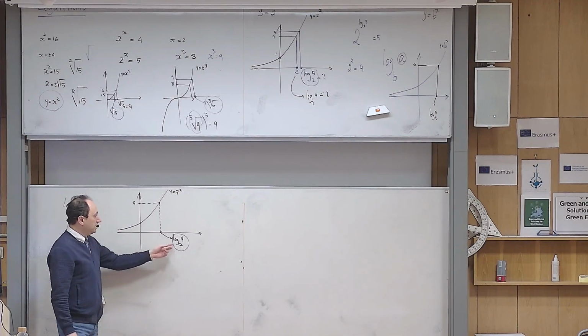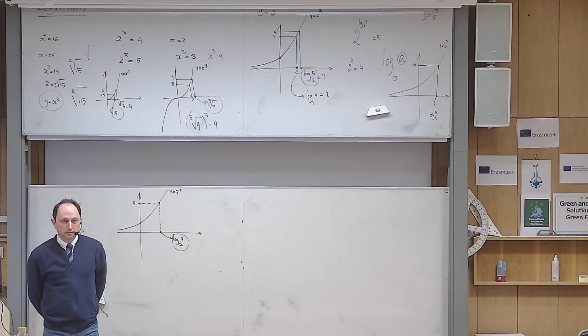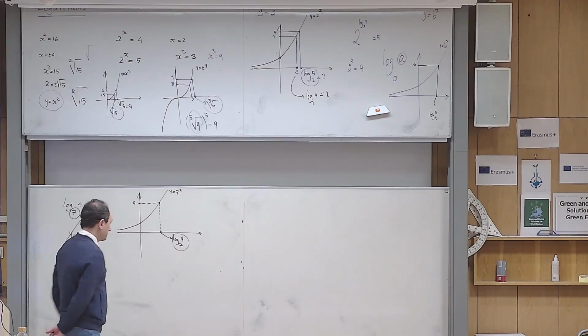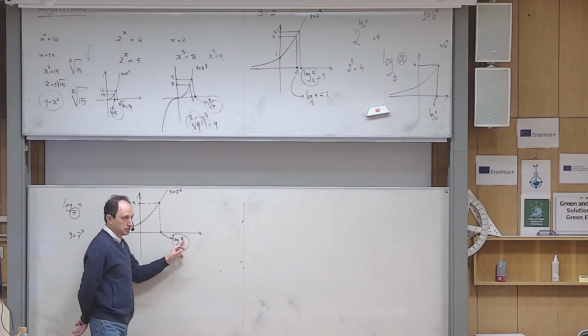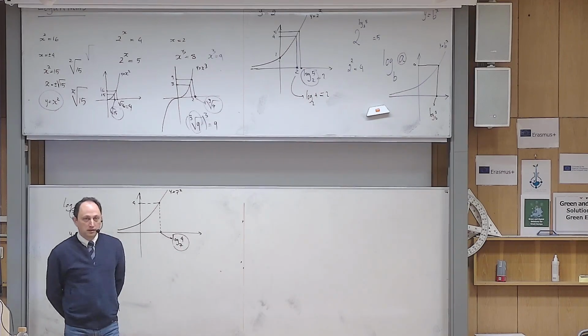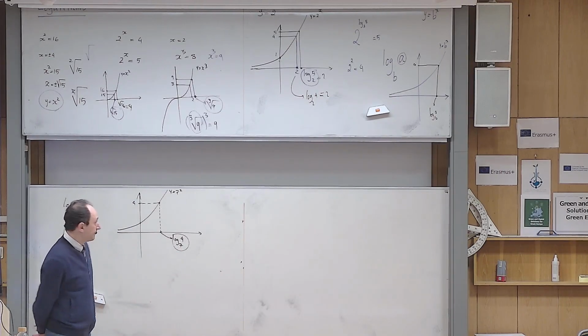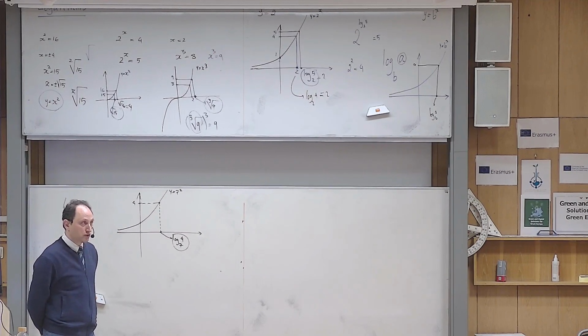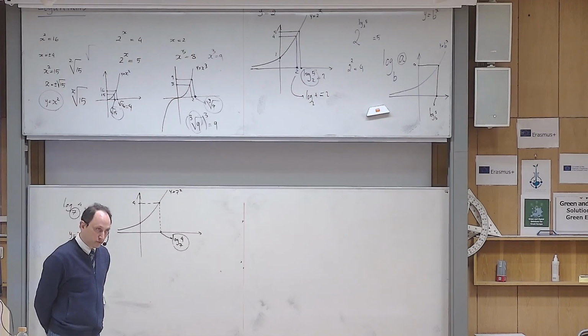But if I want to tell you what this number is, how do you define it mathematically? You would say logarithm of 4 to the base 7 is the only number so that 7 to the power of that number becomes 4.